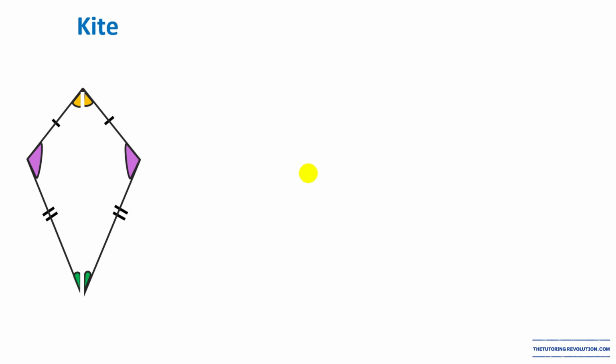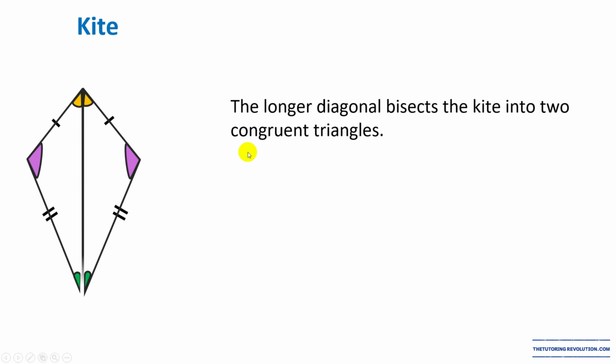Now, if we have the kite, the longer diagonal bisects the kite into two congruent triangles, okay?